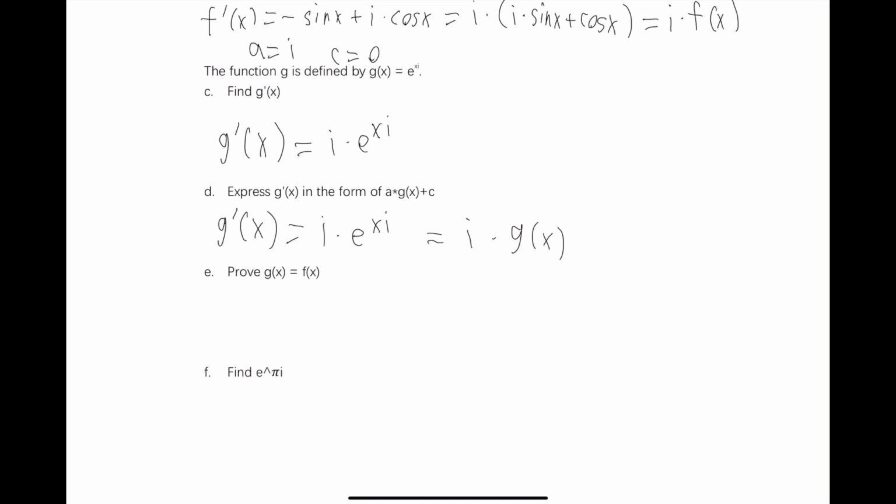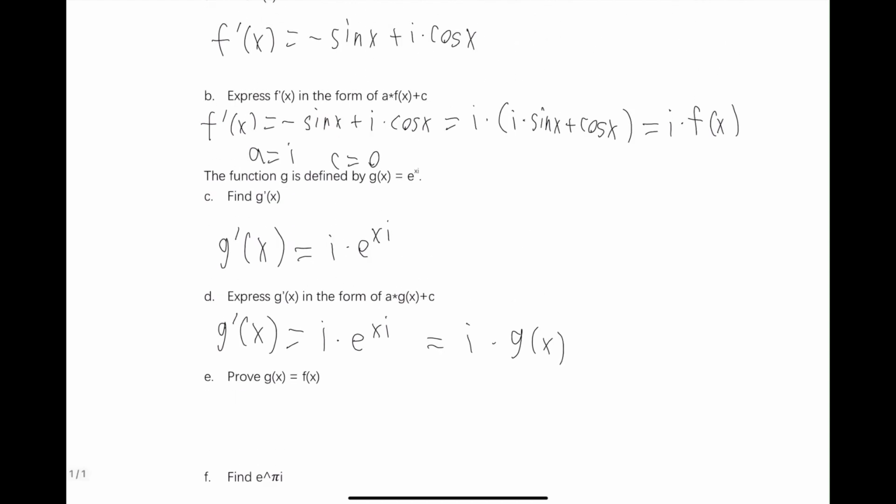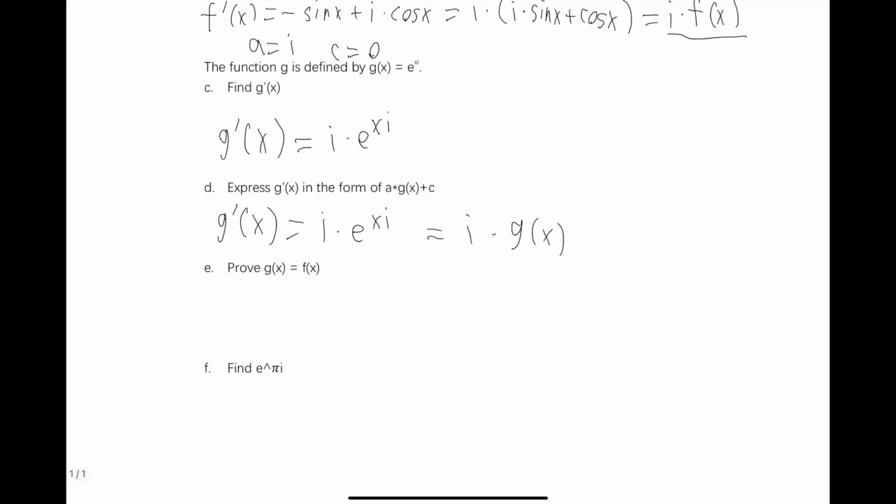Now in this fifth question, we are going to prove g(x) equals f(x). What we know is that the derivative of f(x) equals i times f(x), and the derivative of g(x) equals i times g(x).